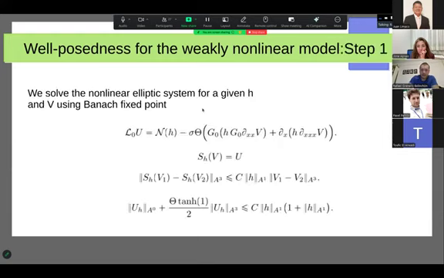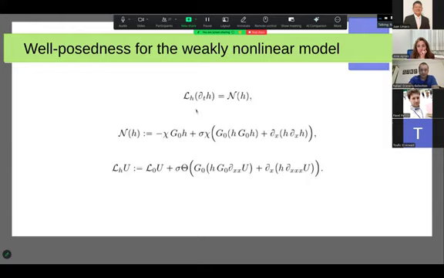So basically, this is a compact way of writing the equation. Then the idea we are going to follow is the following. In order to prove the existence of a mild solution, the scheme would be the following. Let's say I have a given h, let's say h bar, and then I will put an h bar right here.